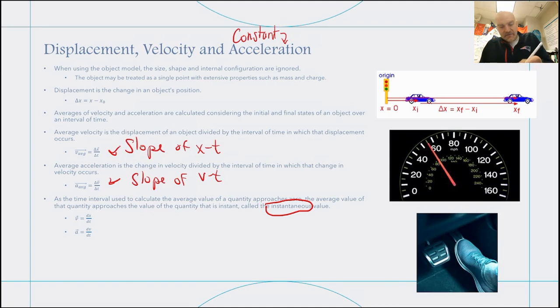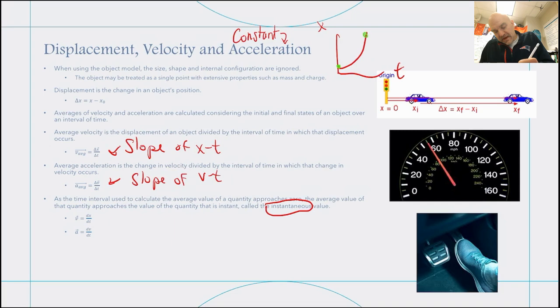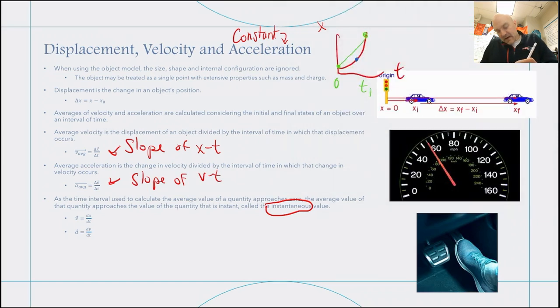So what does that mean? If I have a position-time graph, my averages will be from 0 to T1. That would produce an average: if I took those two points, connected them, I'd get a slope using delta x over delta t. Now, for the instantaneous velocity, say I want to find the velocity at T2.